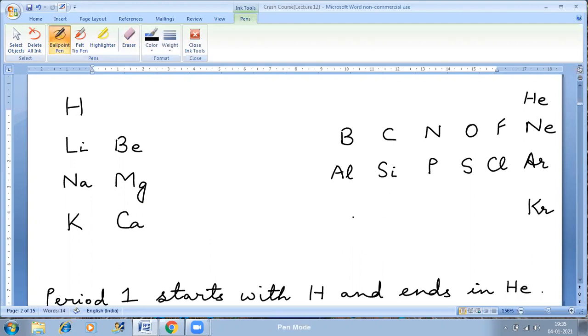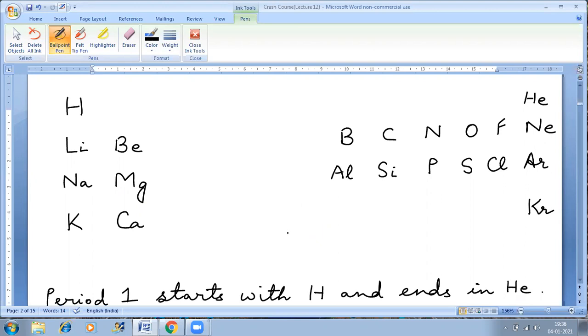Now, talking about an inert gas in the same period. For example, if I'm talking about period 3, then argon is the inert gas in period 3. That is, after chlorine, I have argon. Now, argon is an inert gas. Just remember this. As of now, just treat it as an exception that within the same period, the inert gas has a very large size.